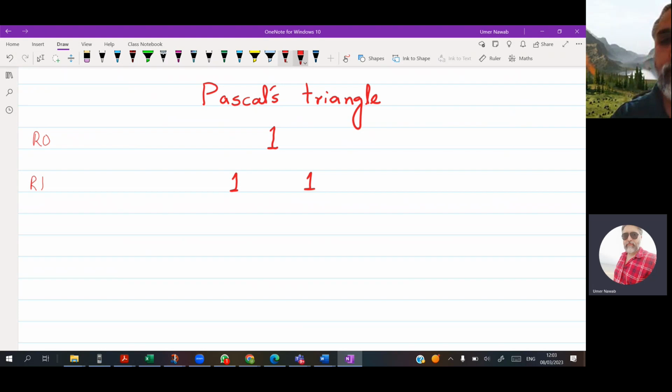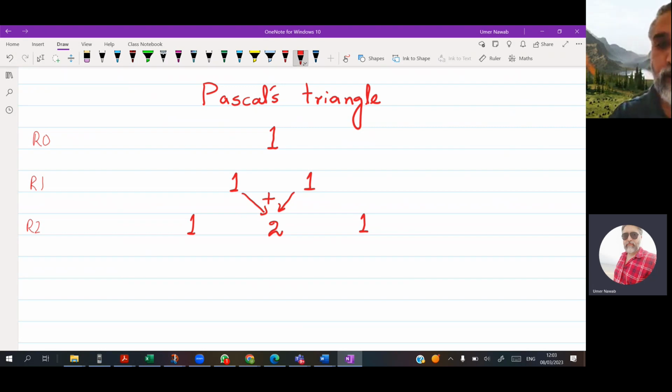Let's move to the row number 2. Apply the same procedure. Write 1 on the left, 1 on the right, and now what I'm going to write in the middle, the sum of these two numbers. So 1 plus 1 is how much? 2. Is it clear?